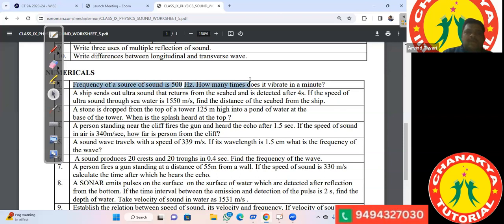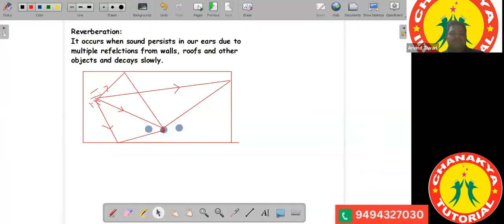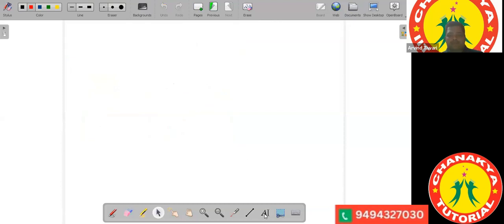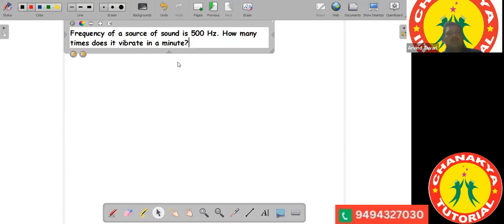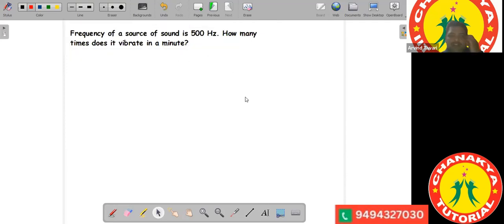The frequency of the sound wave is given. Okay, so who can solve this? Frequency of a source of sound is 500 hertz. How many times does it vibrate in a minute? You have to find out the number of vibrations in a minute.